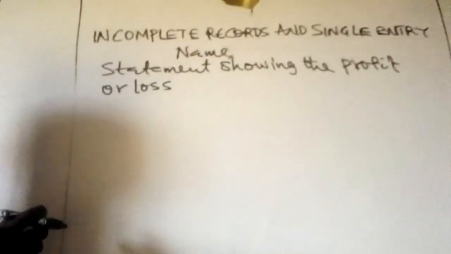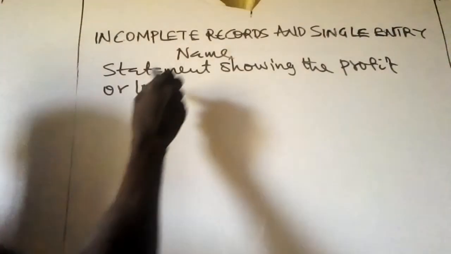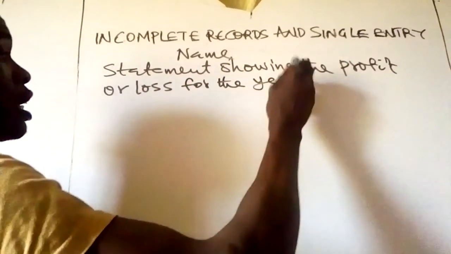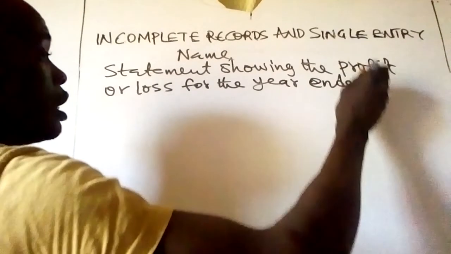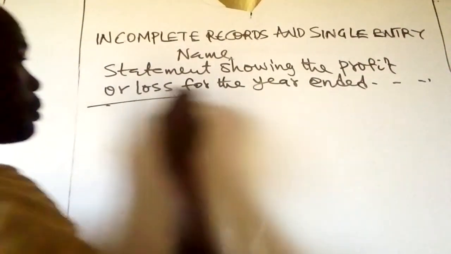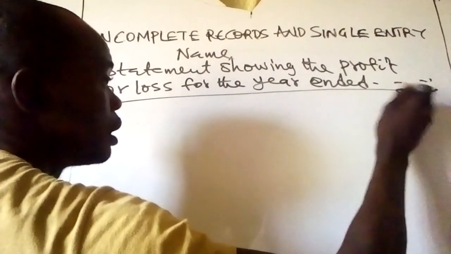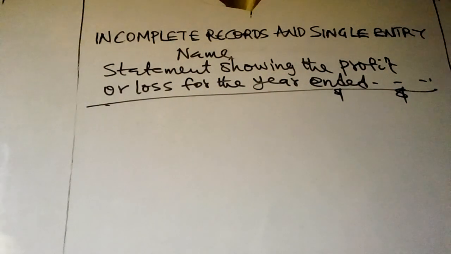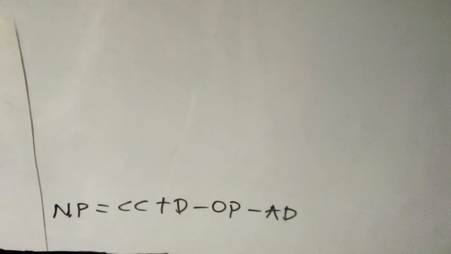First, statement showing the profit or loss for the year ended. You have to put the date. So, I've told you that your net profit will be closing capital plus drawings.